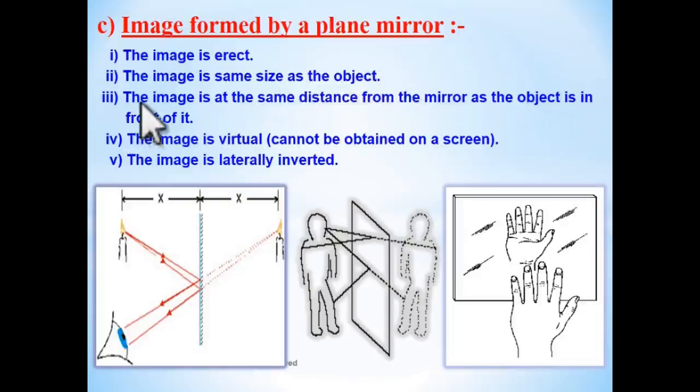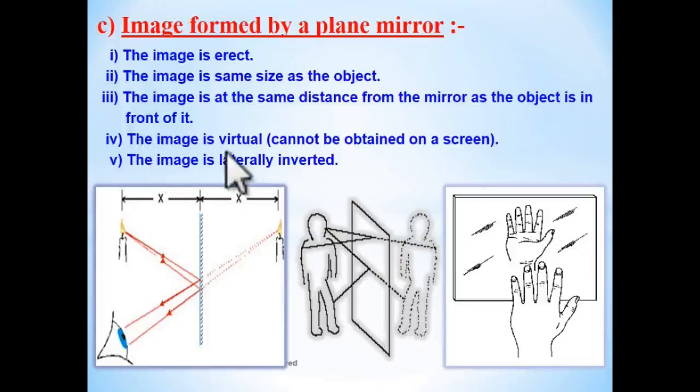The third point, the image is at the same distance from the mirror as the object is in front of it. See, you can see here. So here is an object and this is the image. The distance between the object and mirror and the image and mirror will always be the same.